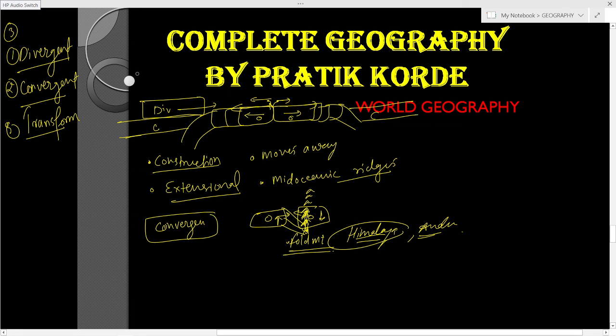Now, if this is a continental plate and this is the oceanic plate, and we are talking about convergence, they are going to collide. The heavier one is the ocean one, so the heavier one will subduct and the continent will remain.